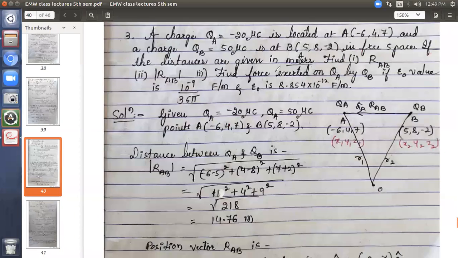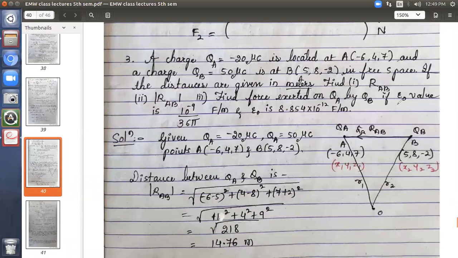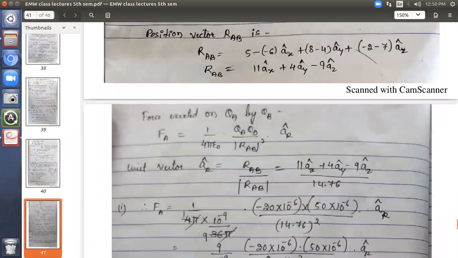Now, if you see the question, find the force exerted on charge. There are two conditions here. First is the epsilon value, either directly you take it 8.854, or second possibility, epsilon value they have given. So for the first one, I have used that only.